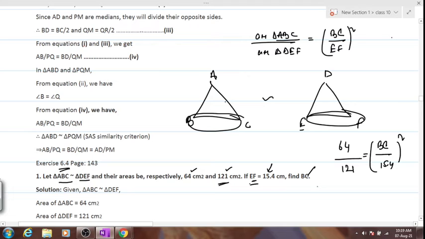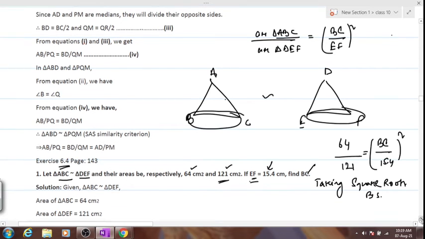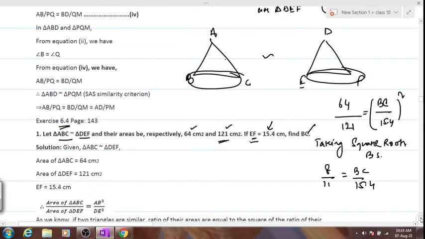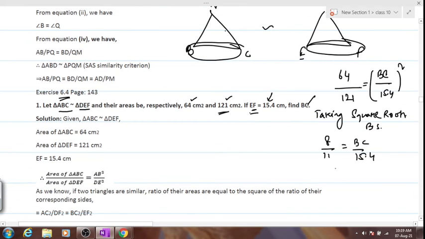We'll solve it by taking square roots on both sides. What do we get? 8 by 11 equals BC by 15.4.